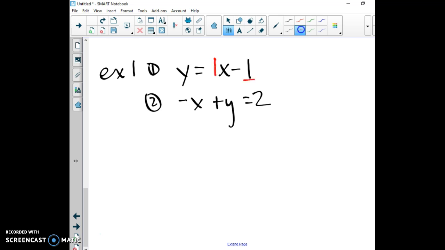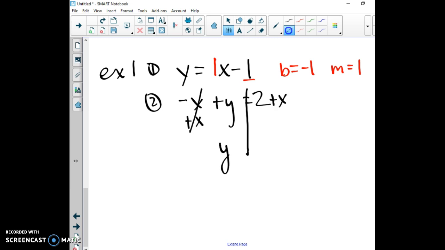I can see that the first equation has a y-intercept of negative 1 and a slope of 1. The second line I have to adjust slightly. I've got to get it into slope-intercept form. That means I'm going to solve for y, and I see y equals x plus 2. In the second line, I see a slope of 1 and a y-intercept of 2.